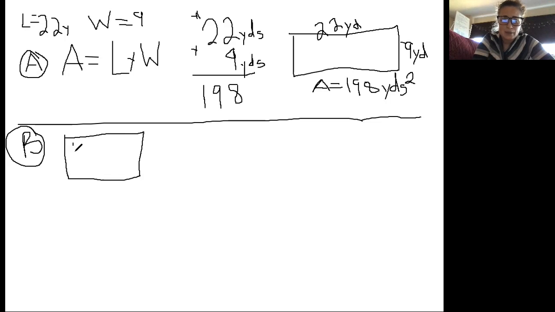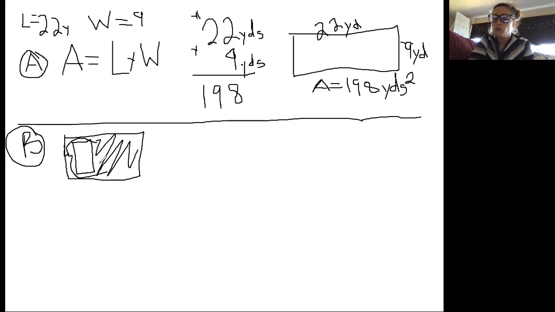Okay, and now we know that he's putting in a pool. So when they ask us for that space, we want this area space that does not include that area with the pool, right? So we have 198 yards squared.